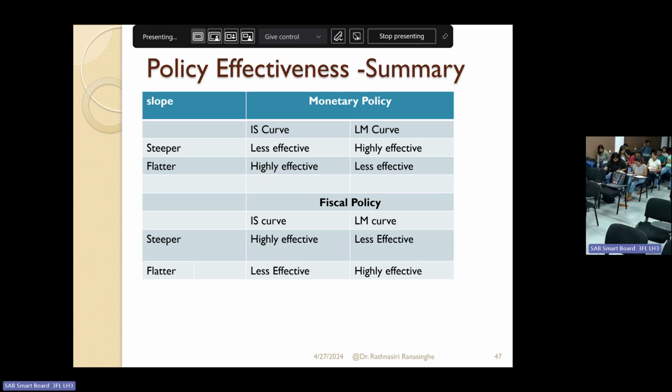Now we use fiscal policy, such as government expenditure, by delta G, an expansionary policy, and see the effects on income.